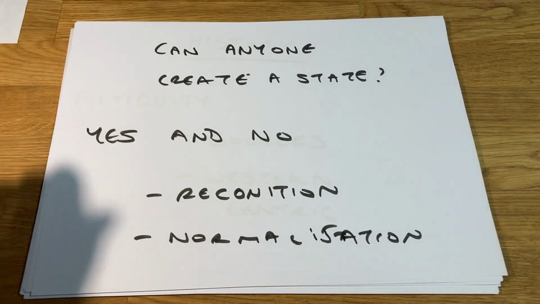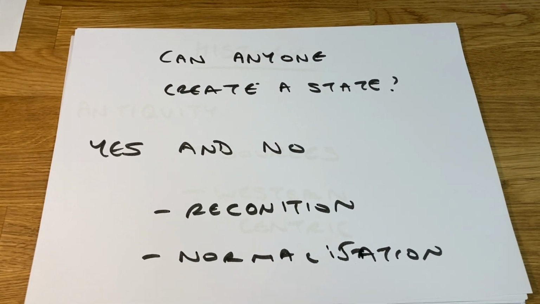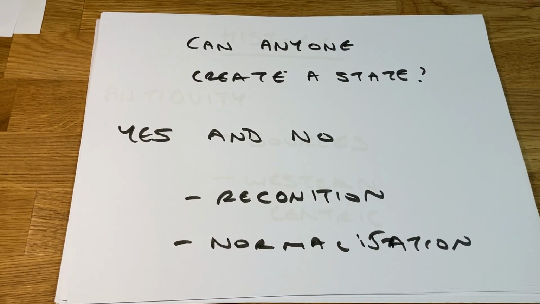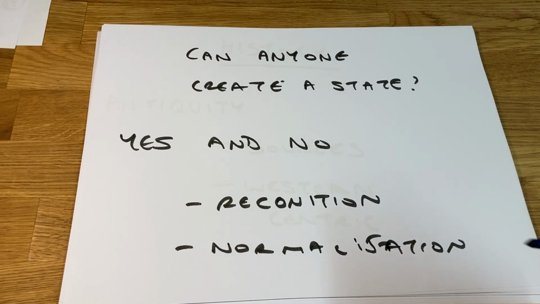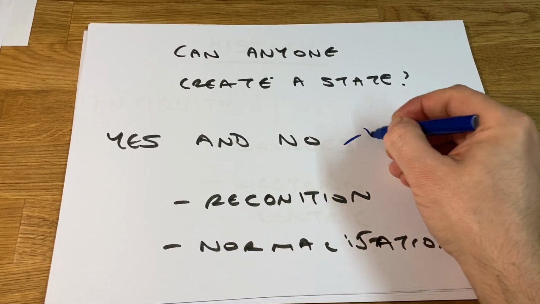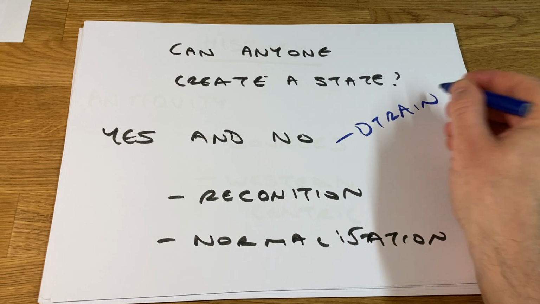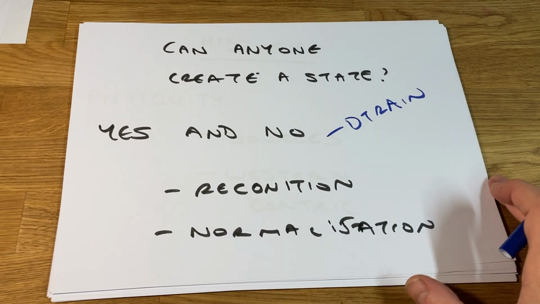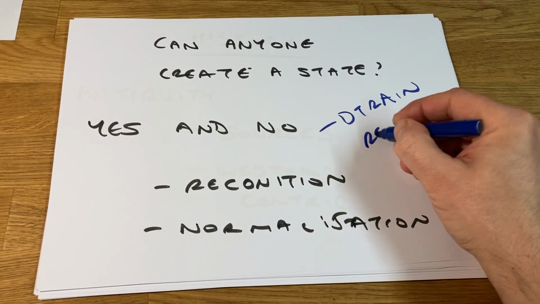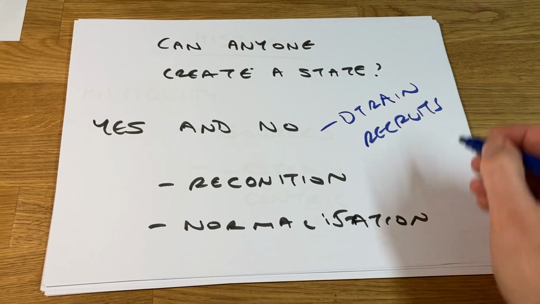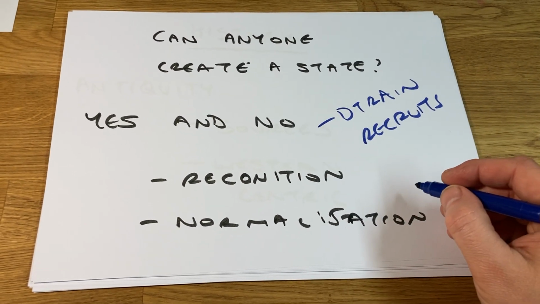So let's have a look. Can anyone create a state? Firstly, yes, and secondly, no. So if I wanted to create the state of D-Train, I could go out in my car and I could find some recruits who wanted to be in the D-Train state.